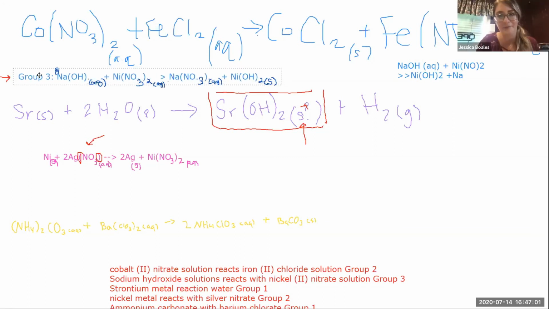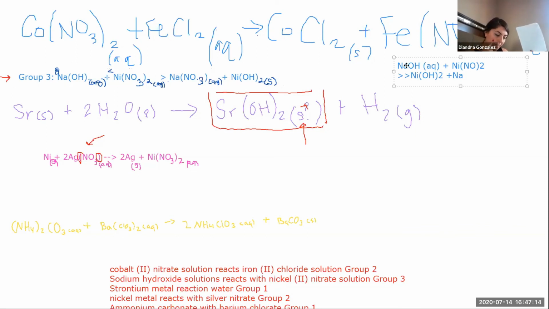And I'm trying to fill in the coefficients. Okay, so for the coefficients, I wrote down the elements that I was given. Mm-hmm. And so I had to balance, I had to put a 2. So on the product side, the NiOH, and we had in parentheses 2.